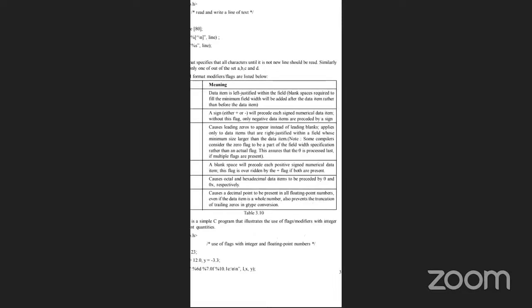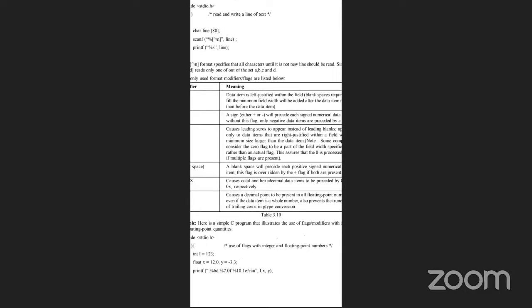Similarly, percent [ABCD] reads only one out of the set ABCD. So here are the modifiers: minus, plus, 0, blank space, and so on. Data items are left justified within the field.